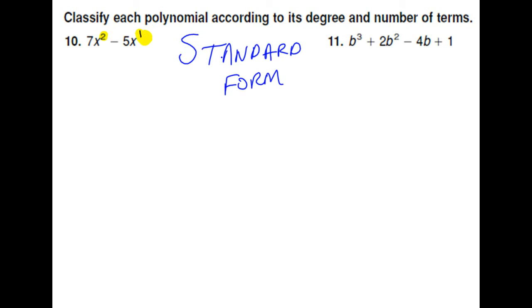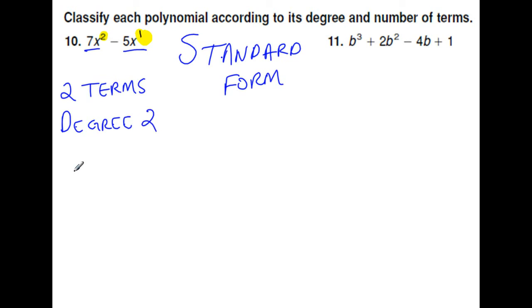Now, how many terms are there? There are 2 terms. I'll underline the terms. 1, 2. There's 2 terms. There is a degree of 2. How do we find degree? Well, we look at the largest exponent.